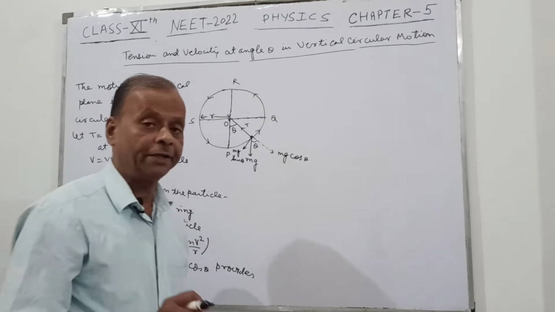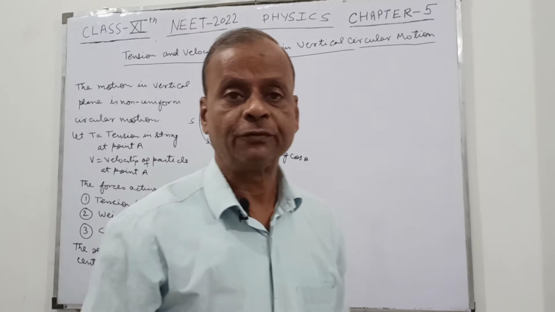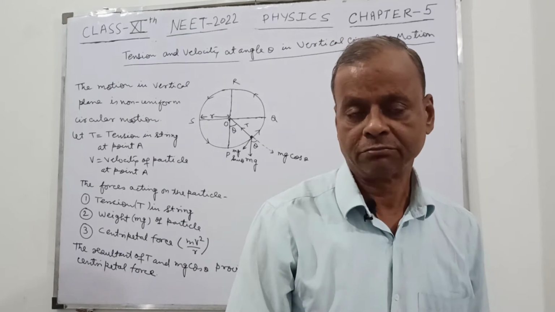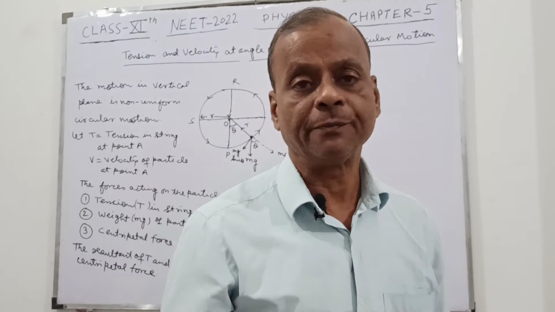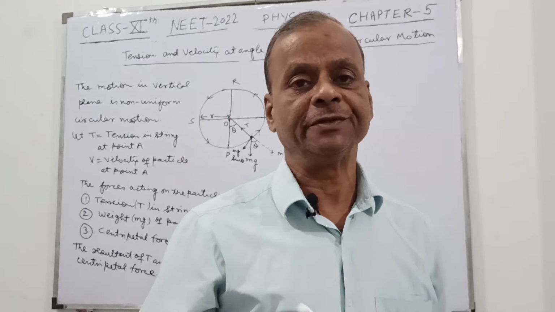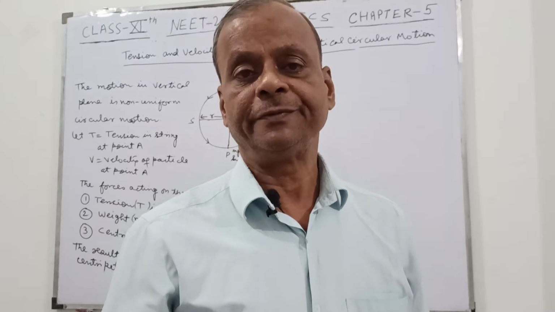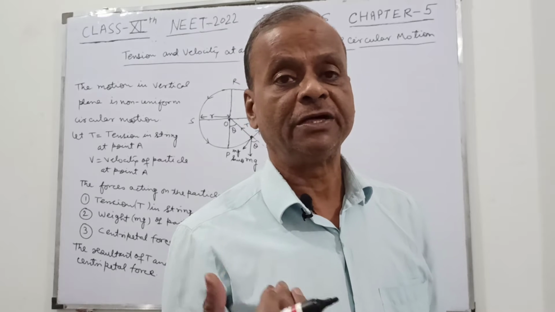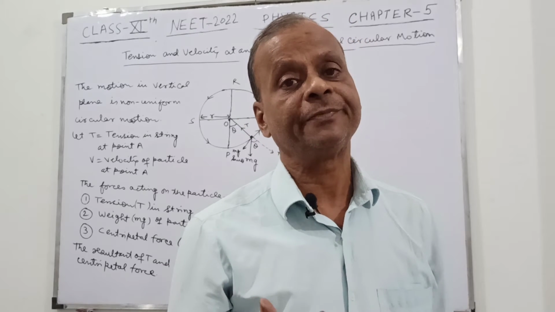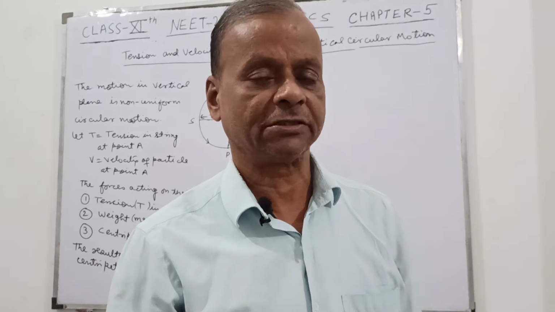I have told you earlier that centripetal force is provided by some force. Either this may be the tension in the string, it may be the gravitational force, it may be the Lorentz force, it may be the magnetic force. So whatever force we have that provides the centripetal force, only then the particle moves in the circular path.